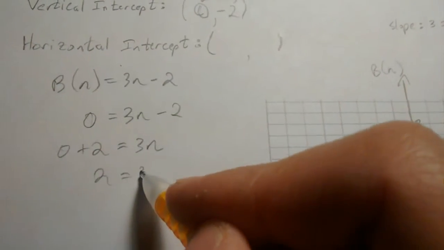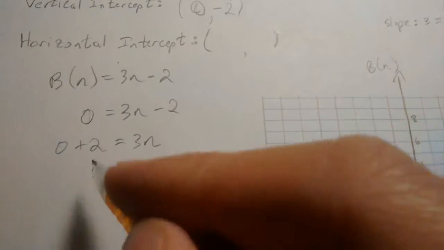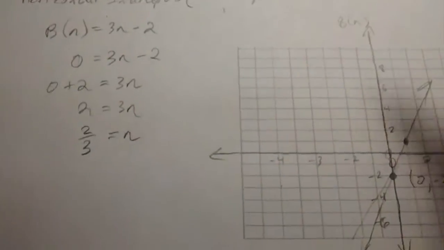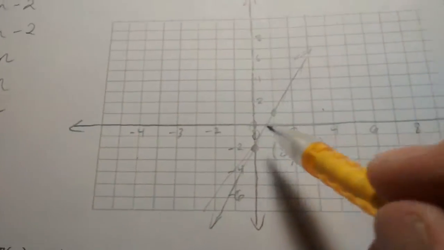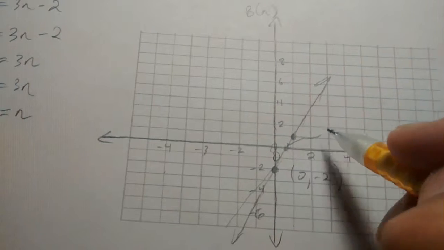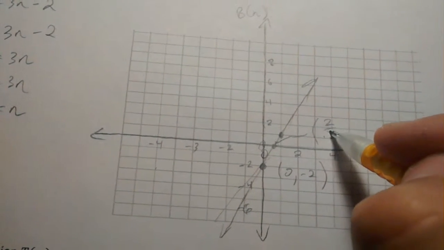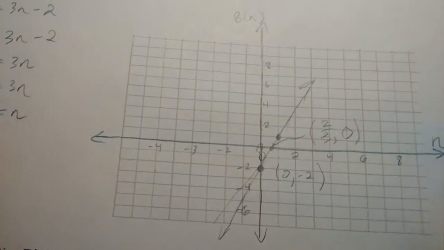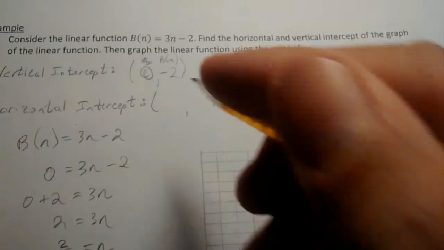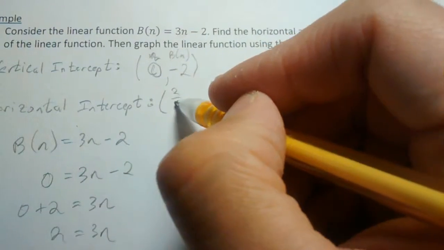You get 2 equals 3n, and then if you divide both sides by 3, n is equal to 2/3. In other words, at the 2/3 marker along the n axis here is where our intercept occurs. So this right here has the coordinates of n being 2/3 and the output being 0. So 2/3 comma 0 is that horizontal intercept.